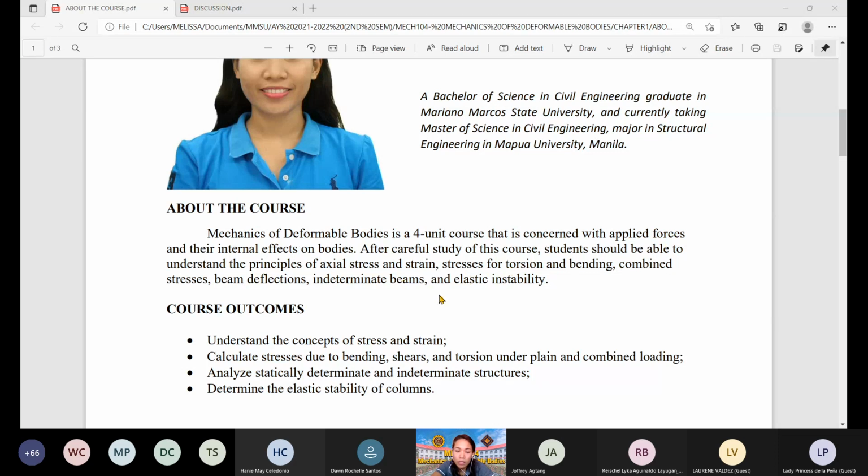Mechanics of Deformable Bodies is all about the principles of axial stresses and strain, stresses for torsion and bending, combined stresses, beam deflections, indeterminate beams, and elastic instability. This is the foundation of your design subjects. You need to master strength of materials, or Mechanics 104, to make it easier to understand your design subjects.